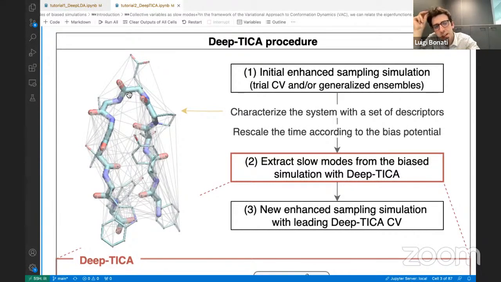So even if we lose, let's say, one order of magnitude, because we need to bias the CV, load the PyTorch compiled model into PLUMED, and compute forward pass and backward pass, it's of course slower than biasing a single variable, a single angle.